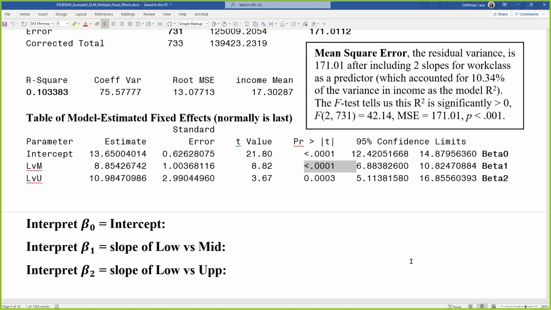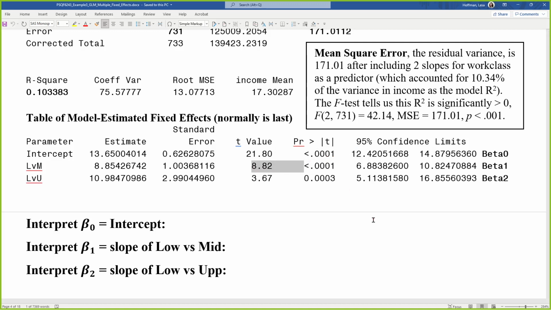In this context, if the true slope in the population were 0, if there were no difference in income between people who put themselves into the middle versus low categories, how often would I see a slope of 8.8? Less than 0.01% of the time. Very, very unlikely. The t-value helps quantify how unlikely, given that p is 0 to the 4th decimal place.